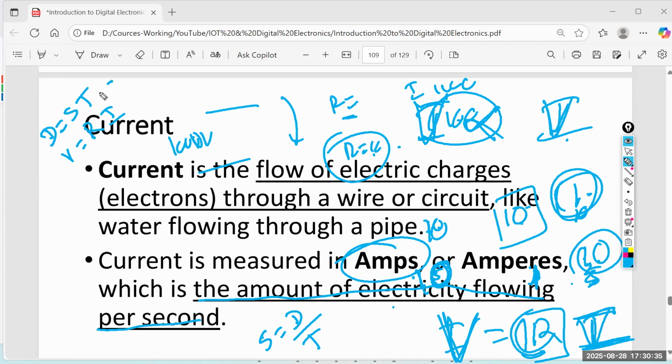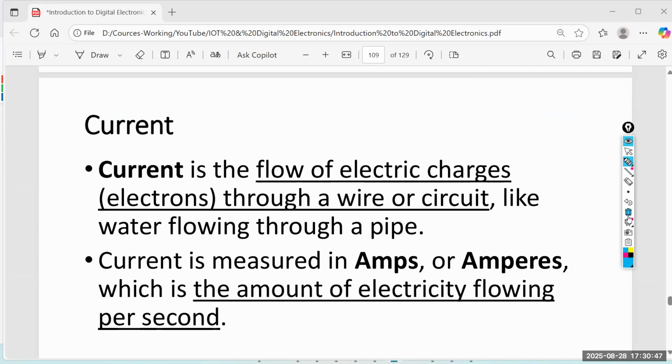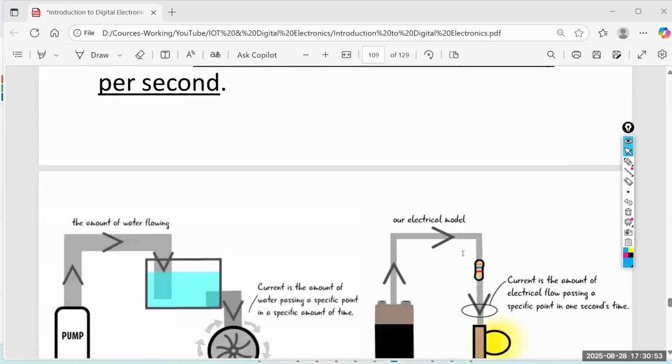So just look at this analogy if you have any doubt, because you need to feel it, feel the subject. Then you don't need to memorize. Some students don't want to feel it. Rather, they want to memorize it without feeling the subject.